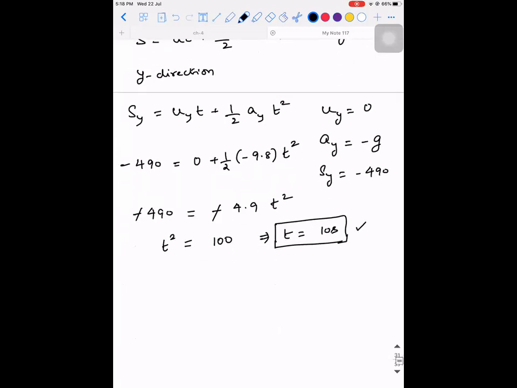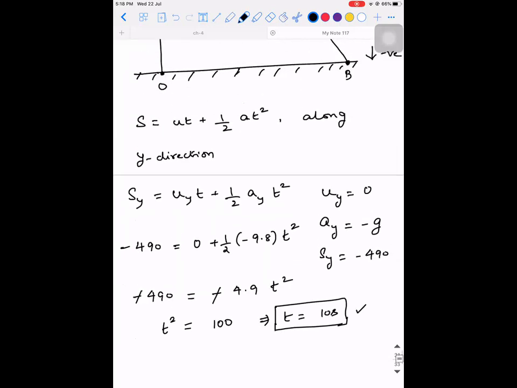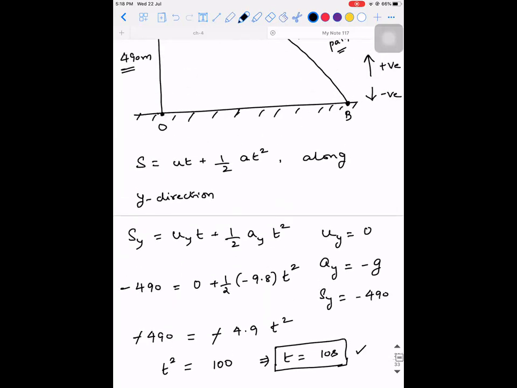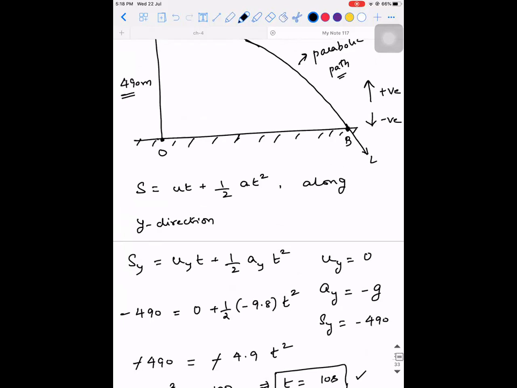Now the second part, what they're asking is, with what speed will it hit the ground? See, this is a slightly tricky concept. Observe. When it is hitting the ground, its velocity will be like this. Whenever the particle is traveling in some kind of a curvature, it can be any arc. For example, this is also a curvature.